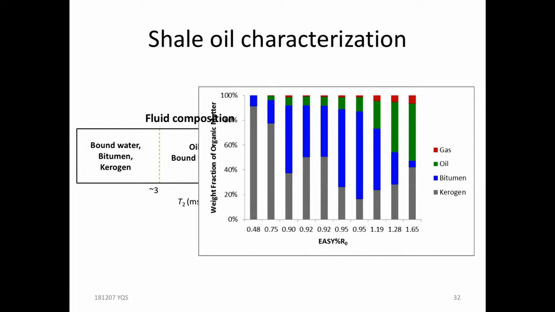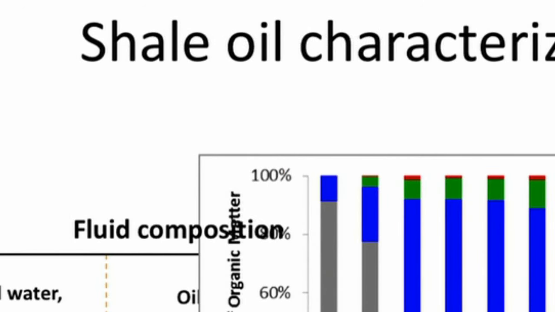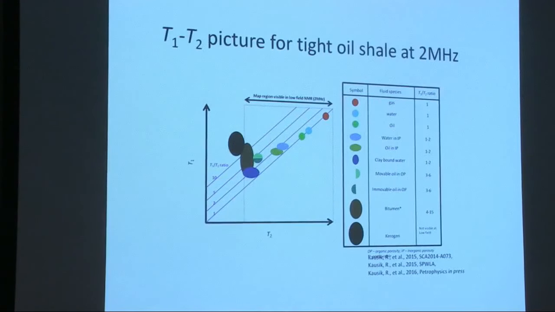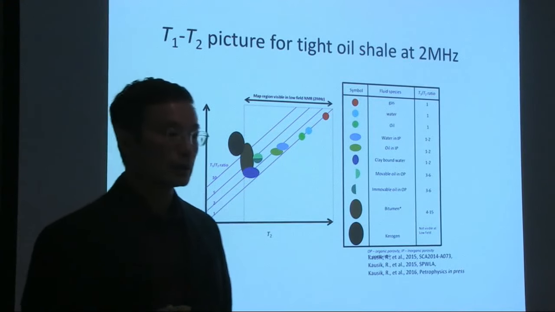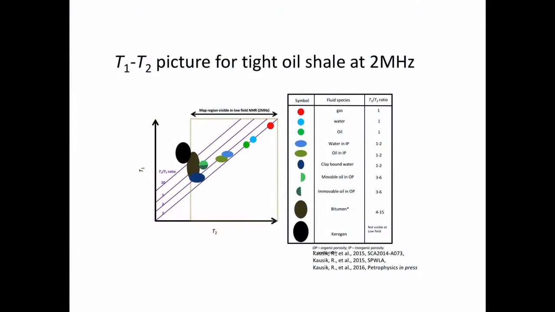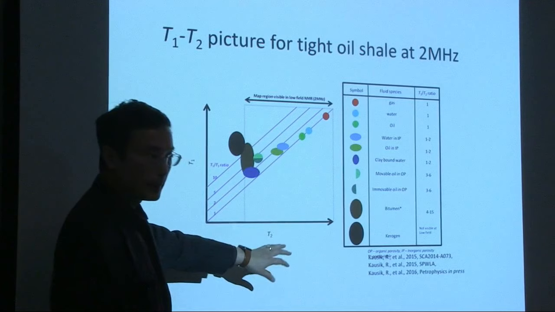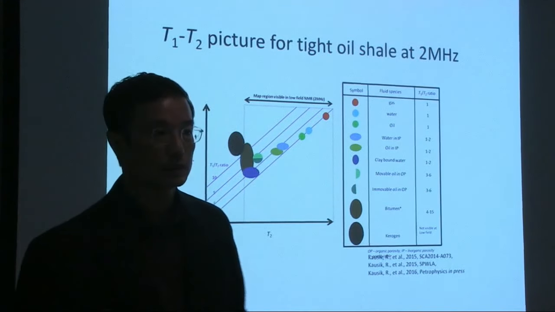And we know that as a function of maturity, the composition of these organic materials varies very significantly. So I'll flash up the result of a lot of the work, and show you a few examples that demonstrate these results. Using this type of method, again a two-dimensional method, this is a T1 versus T2 map, the different components appear to be able to separate.